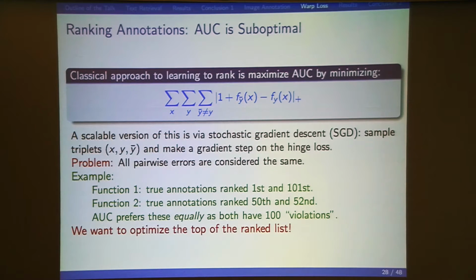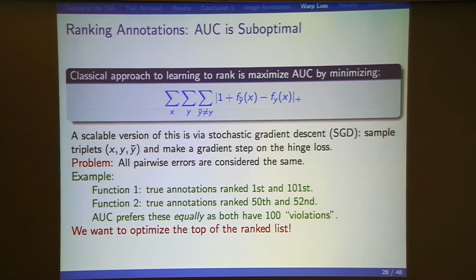So, like with precision at k, you've got one of the examples right and the other one wrong. With function 2, the true annotation is ranked 50th in one example and 52nd in the other. Now, if you count the number of violations with this loss function, the number of y bar that are above y, it's the same for both functions, about 100 violations. So using this loss function, you don't care whether you pick function 1 or function 2.